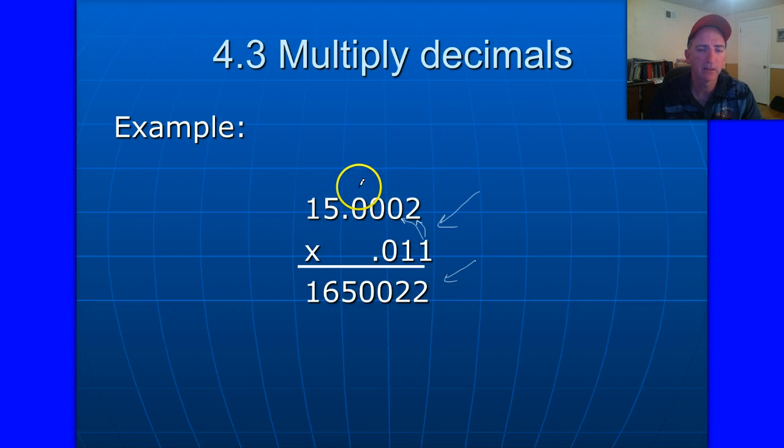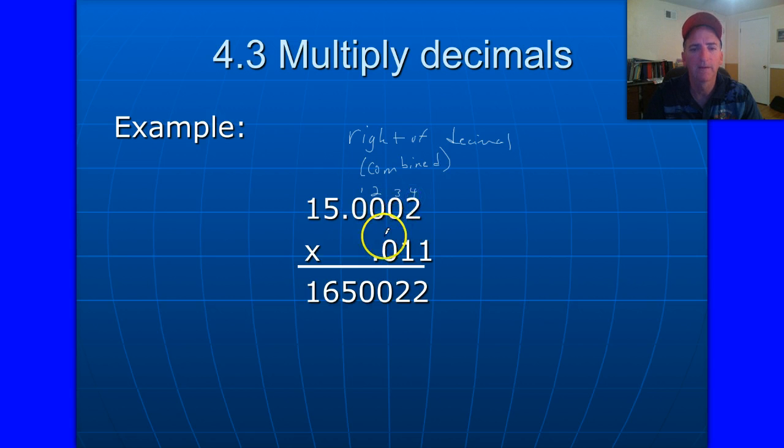Simply put, you count up the number of spaces. I'm going to click off this real quick. Count up the number of spaces that are to the right of the decimal. And I'm actually talking about combined. Okay, so 1, 2, 3, 4, 5, 6, 7.